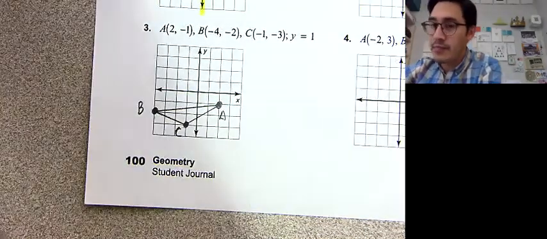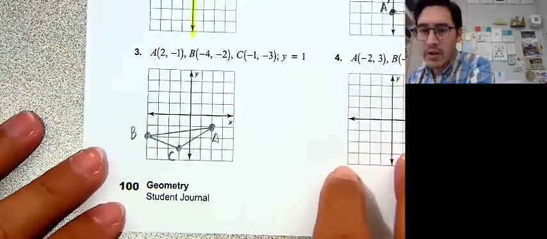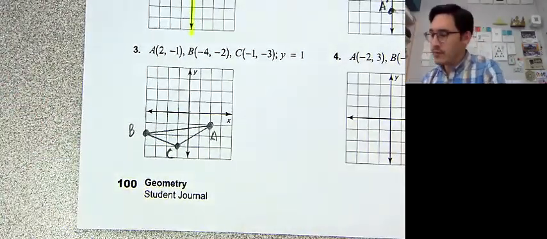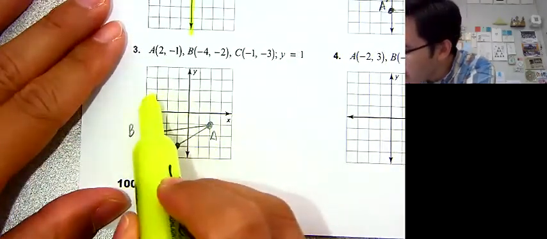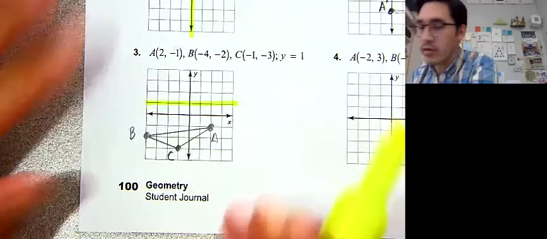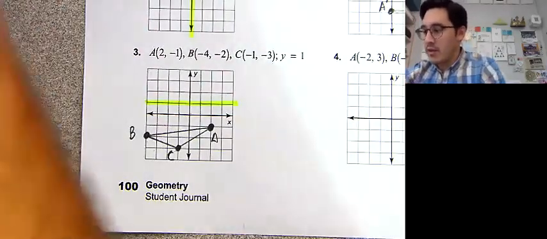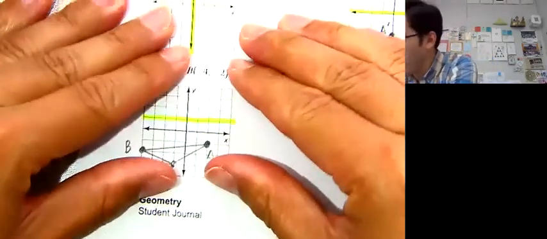All right. So we're going to reflect this triangle across the line y equals 1. Okay, so here's the line y equals 1. All right, so that's where I'm going to make my fold.